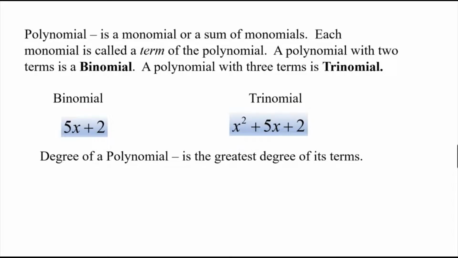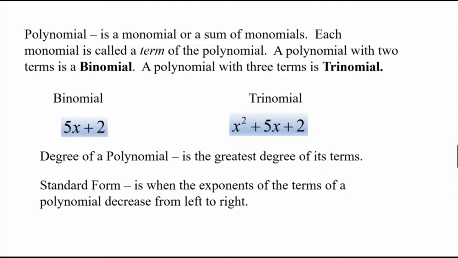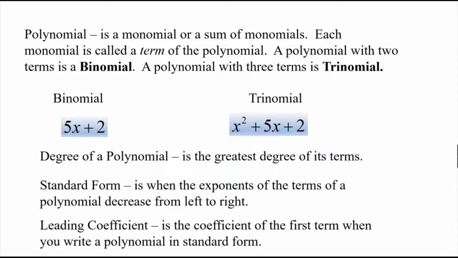Now, to find the degree of a polynomial, you only have to observe the greatest exponent. We also have to observe its standard form. It is when the exponents of the terms of a polynomial are decreasing from left to right.